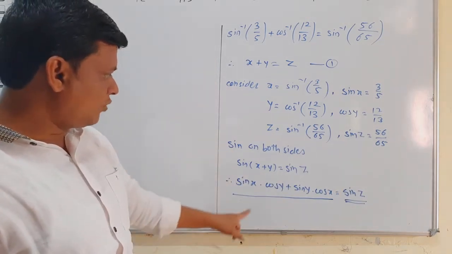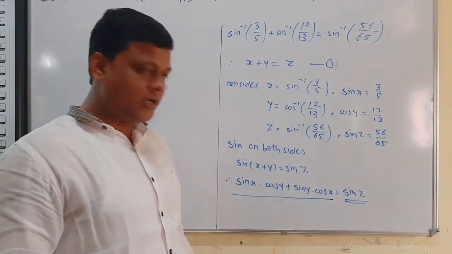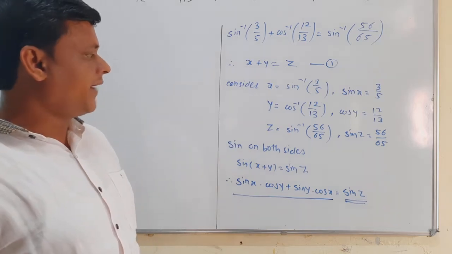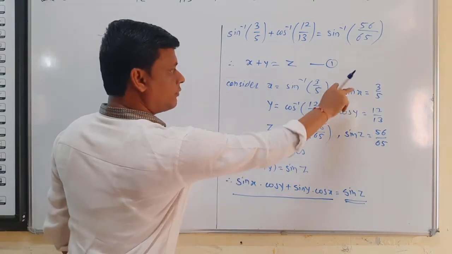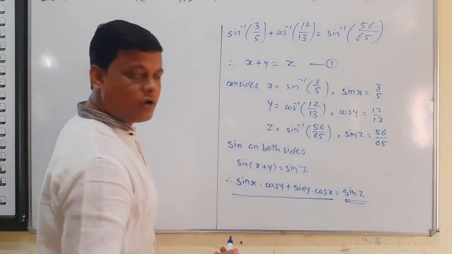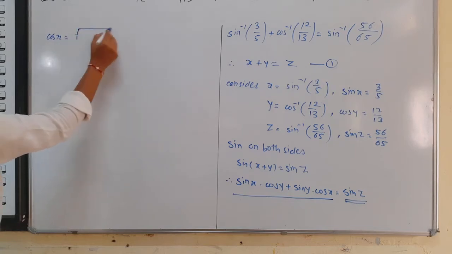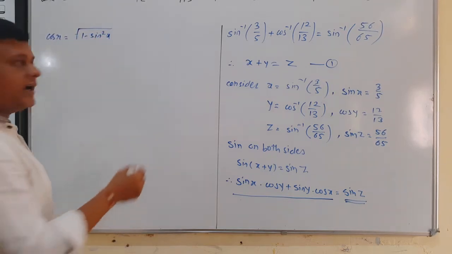So for that we have to calculate the value of cos y and the value of sin y. From our consideration we find them one by one. Now we have the value of sin x, so from sin x we can calculate the value of cos x. Cos x equals under root of 1 minus sin square x, by using the identity.